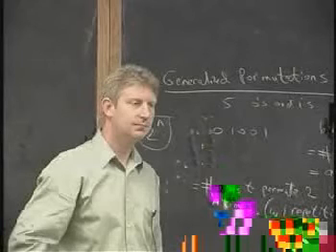Let's talk about combinations with repetition from 3 distinct types. And as a particular example, let's say I want to take 8 of these. So combinations, say, of length 8 with repetition from 3 distinct types.